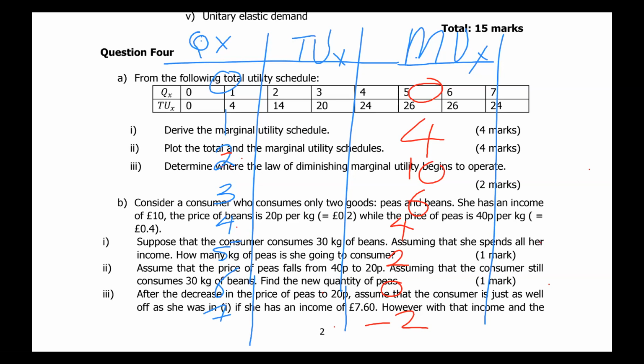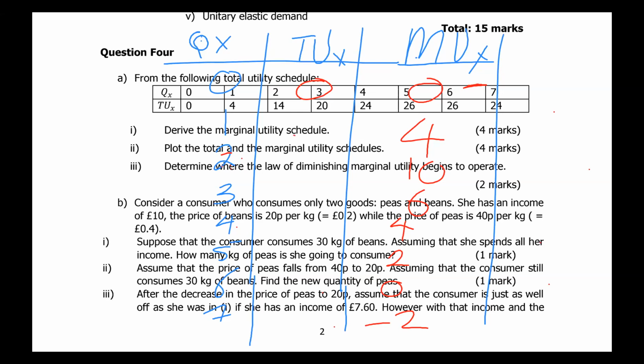So how do we start? Understand that I said that always at the first unit, marginal utility is equal to total utility. So if the first total utility is 0, even marginal utility is 0. Then from there, you just start adding.